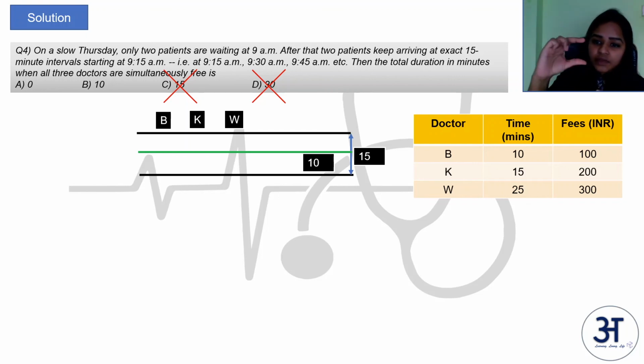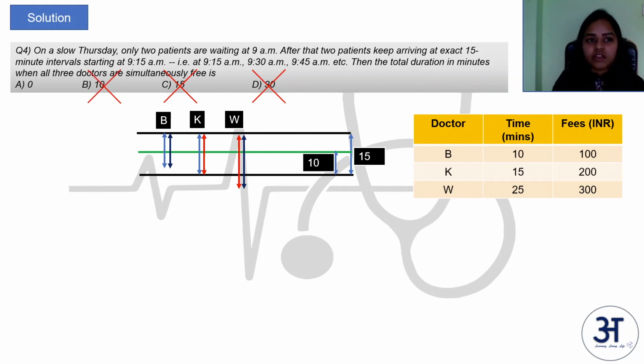So if you take this 15-minute interval and this 10 minutes can come anywhere, you also know that there are two patients at least coming at the beginning of the 15th minute. So there is this possibility that these two patients go to B and K, or K and W, or B or W. So it's impossible that three of them are free for 10 minutes also. So the only option left is 0.